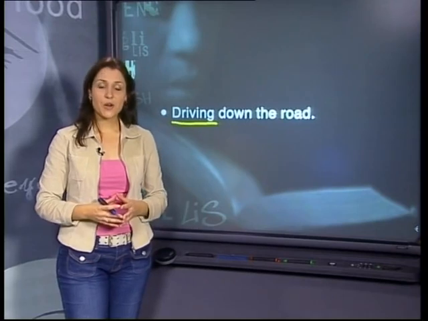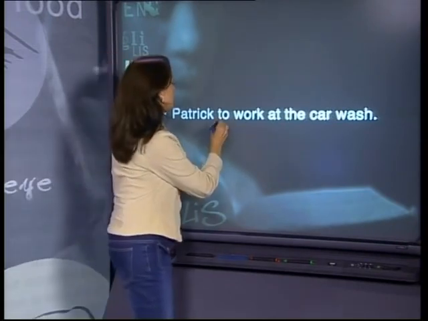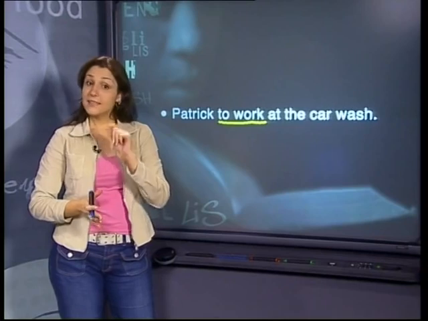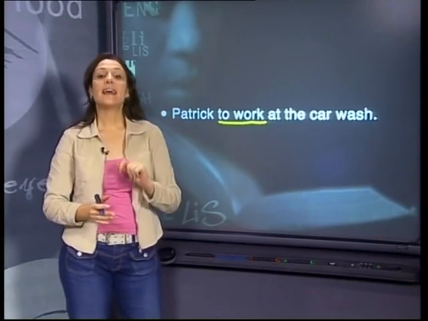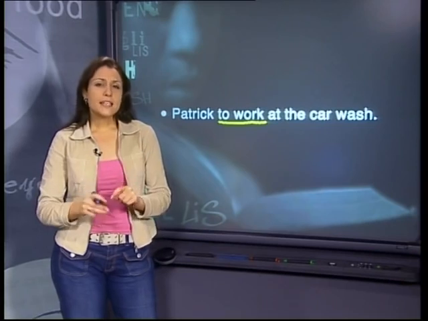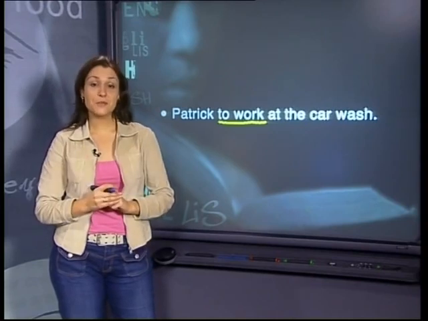Here is another example. Patrick to work at the car wash. What words indicate action? That's right. To work. Now, who or what does the verb? Yes, Patrick is the subject of the sentence. But to work is an example of an infinitive. It needs another verb to make it a finite verb.